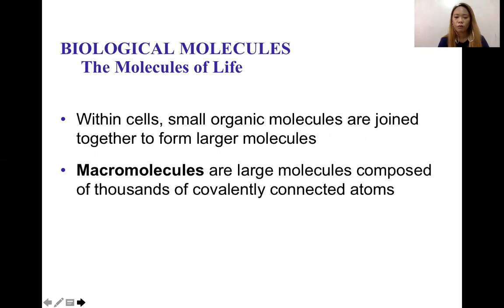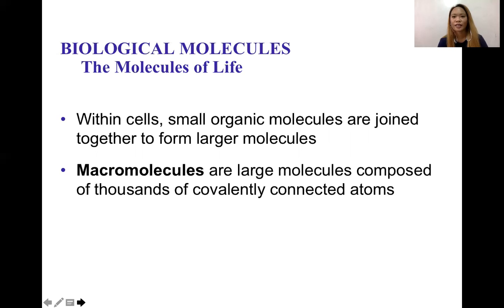And these biological molecules are actually made up of organic elements, specifically carbon, hydrogen, oxygen, nitrogen, phosphorus, and potassium. So mostly, or all of our biological molecules are made up of those three: carbon, hydrogen, and oxygen.